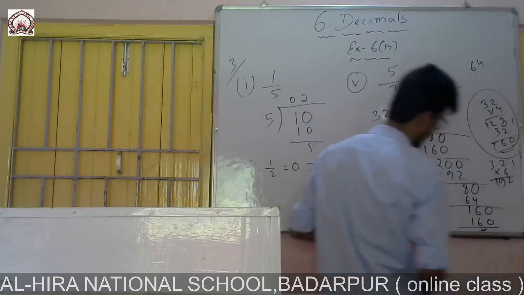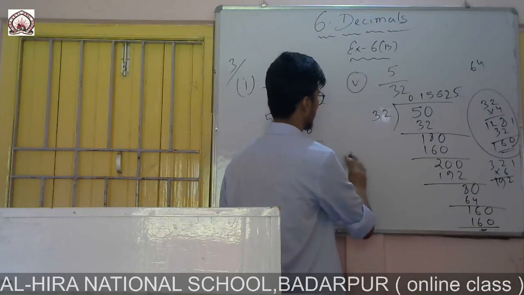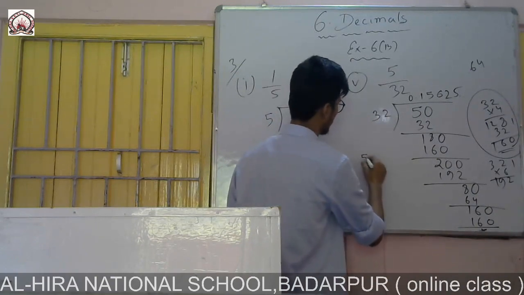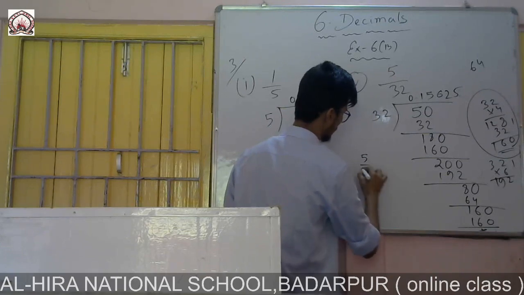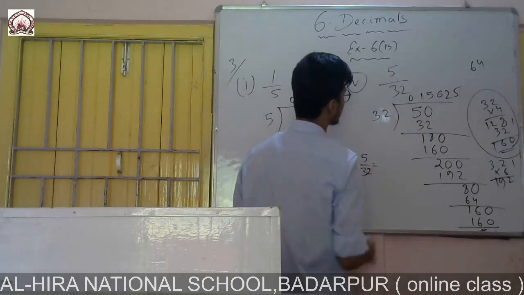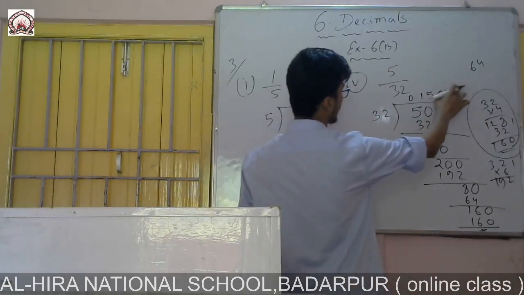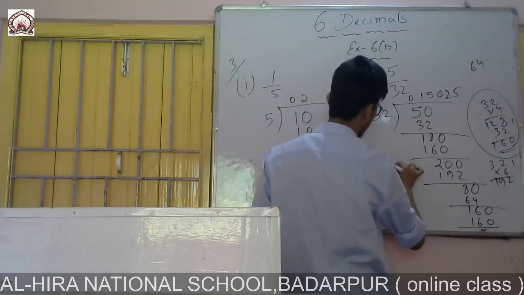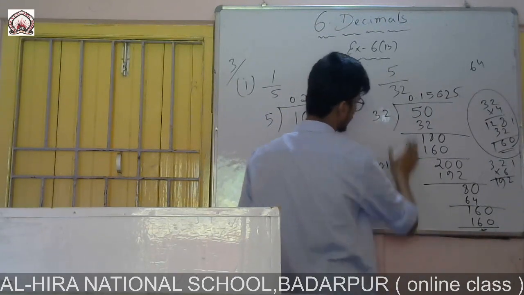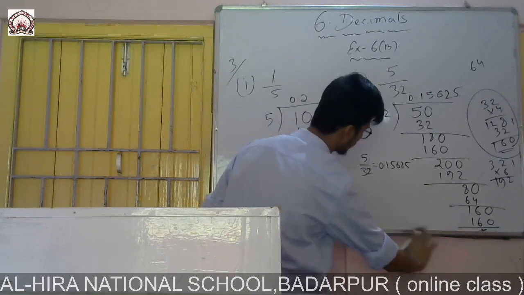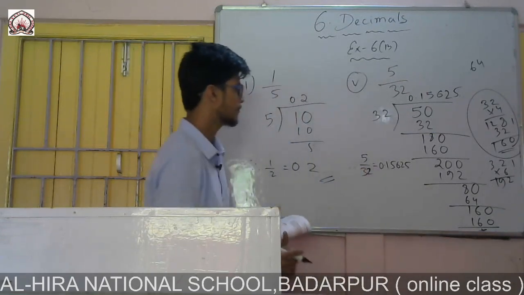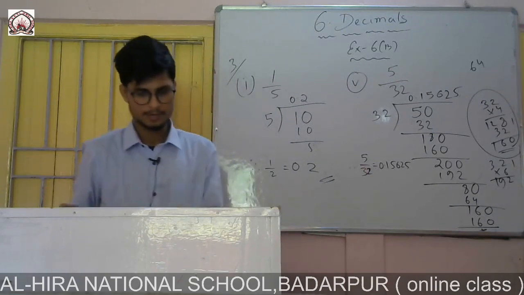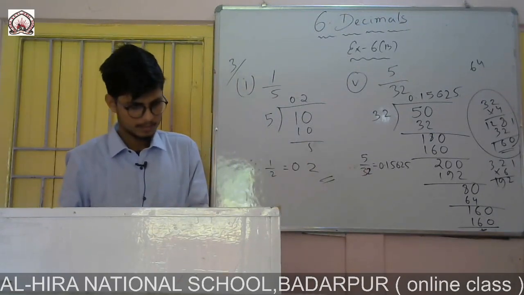So this is the end. Therefore 5 by 32 is equal to 0.15625. You write it nicely. First you divide and then you write, therefore 5 by 32 equals 0.15625. This is in decimal form.